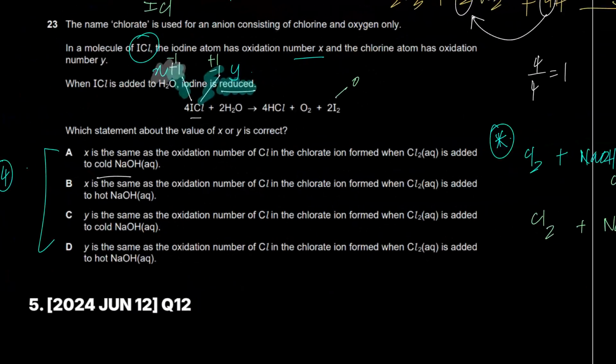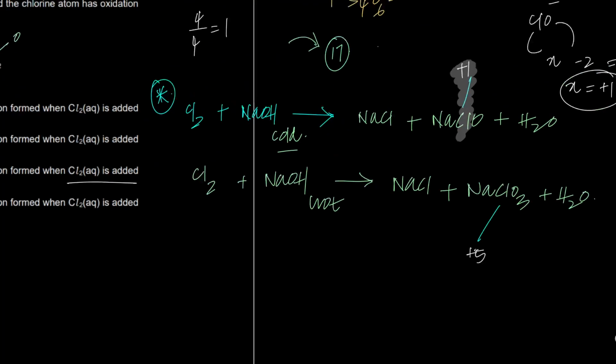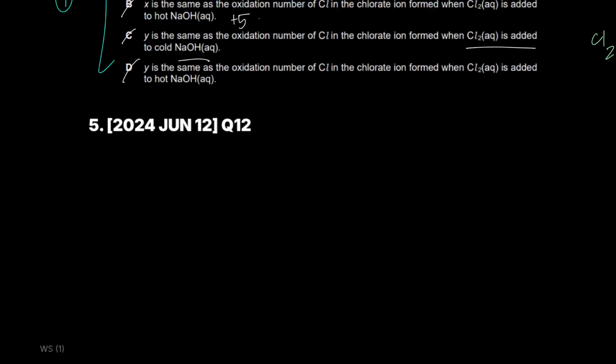Saying x is the same oxidation number of Cl when it is added to hot? No, in hot, Cl is going to be +5. I even wrote it for you. Y is the same oxidation number of Cl in the chlorate ion when Cl2 is added to cold? No, Y is -1, and this is +1, and this is +5. So both are wrong, right? A is the correct option.